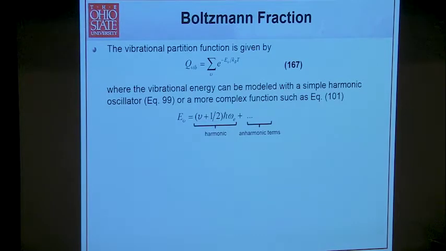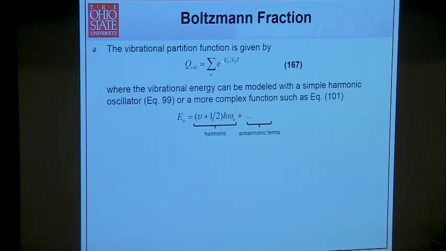Now, let's look at the vibrational partition function. Again, we have to put a term in for the vibrational energy. Remember, we did a few different versions: the simple harmonic oscillator, and then the anharmonic correction terms.